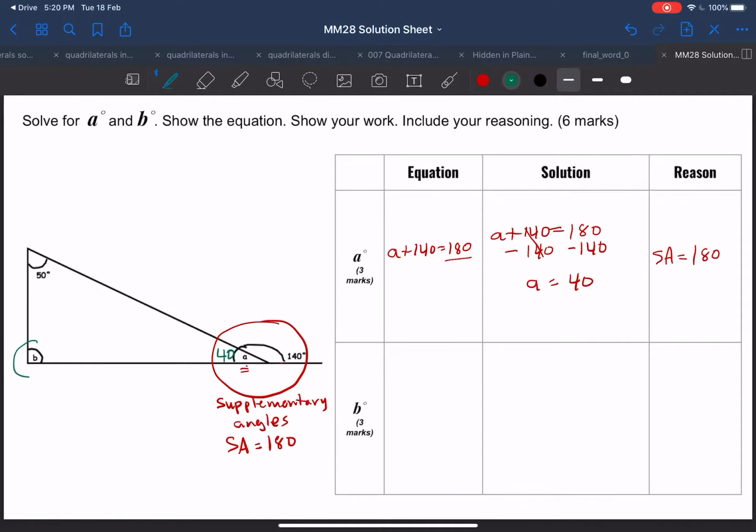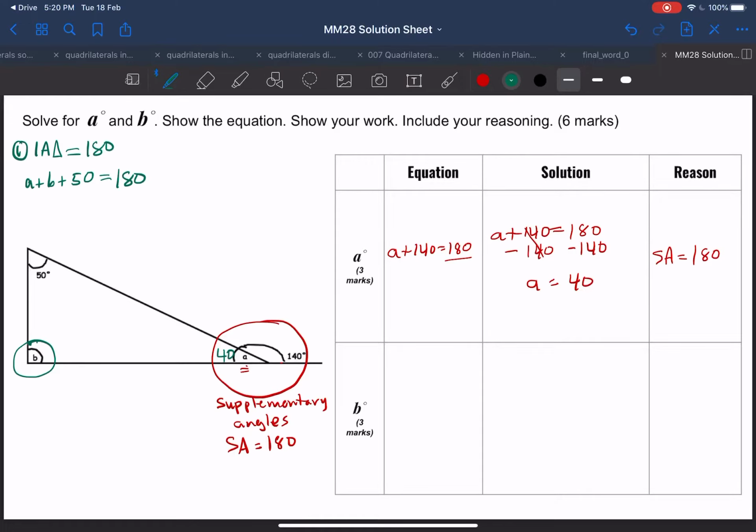How can we solve for B? There are two ways of solving for B. The first way, way number one, is you can use internal angles of a triangle equals 180. That means A plus B plus 50 equals 180.